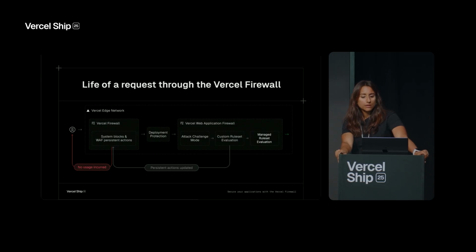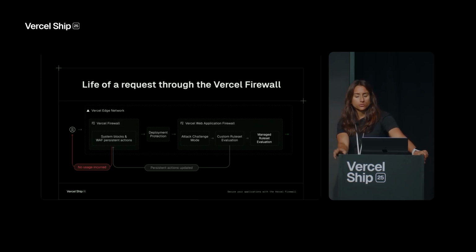So there's a few levels to the WAF. The first thing that gets evaluated is if you have attack challenge mode enabled. That's the first thing we'll look at. If it is in fact enabled, then for every client, we'll check for the presence of a cookie to assess whether or not they've solved a challenge.